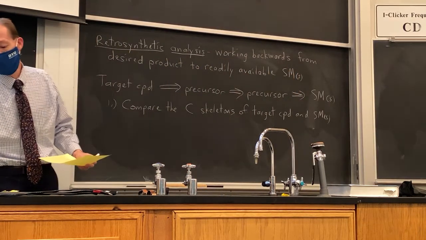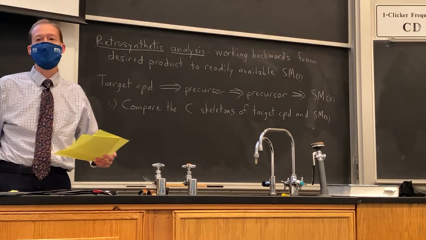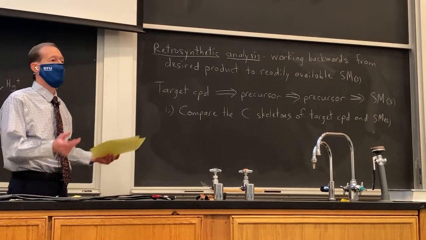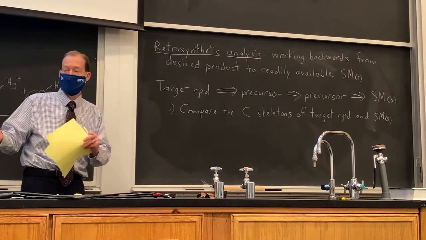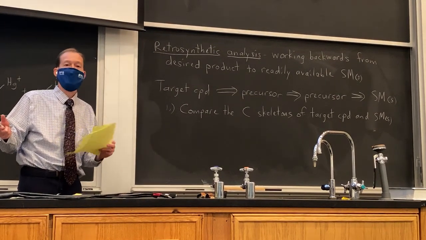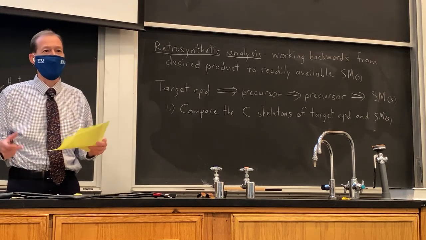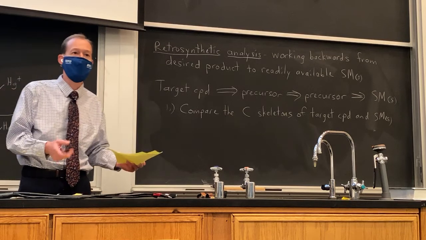And the first thing you want to see is, do they have the same number of carbons? If your target compound has more carbons than the starting materials you can use, you know that you're going to have to perform a carbon-carbon bond forming reaction to make that target compound.